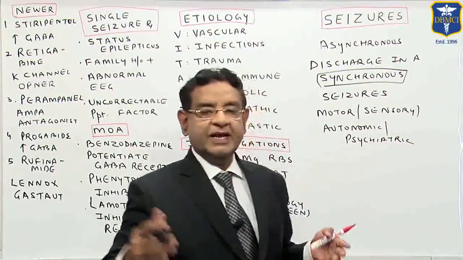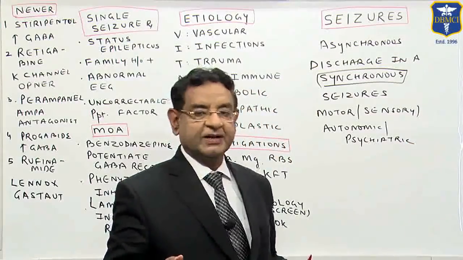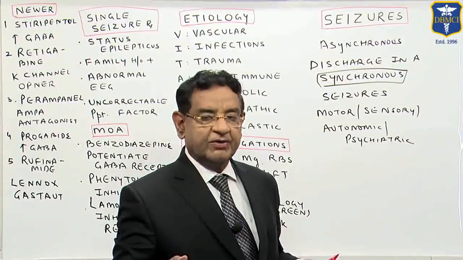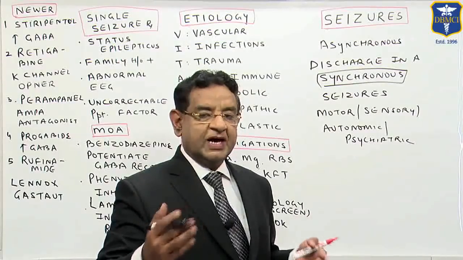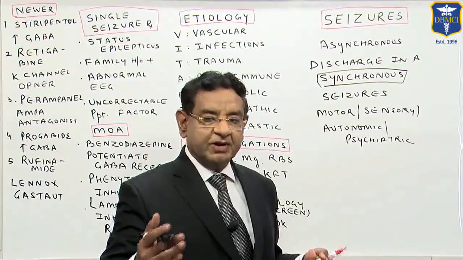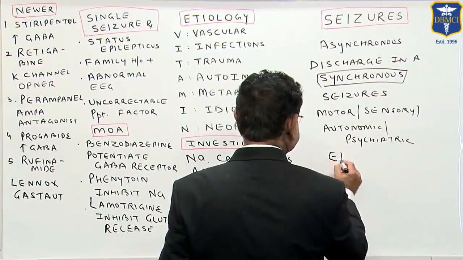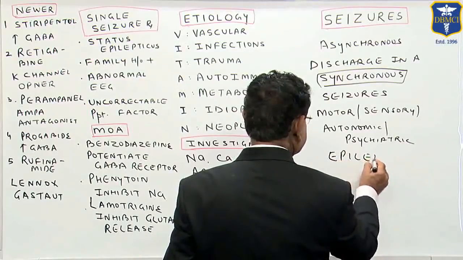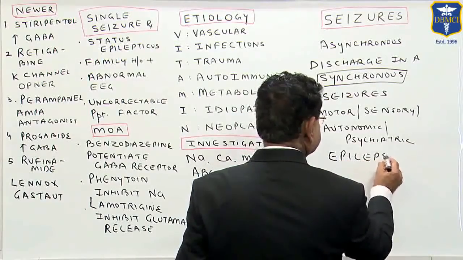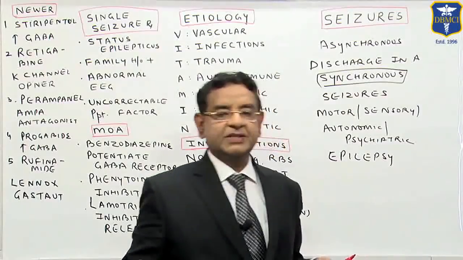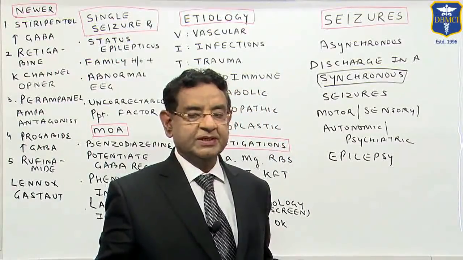The patient can manifest clinically in this way. Now, if these seizures are recurrent, then we call it epilepsy. That is, recurrent seizures are known as epilepsy.